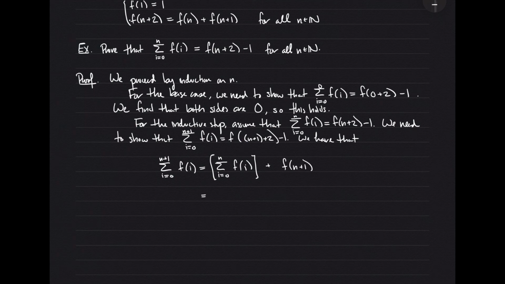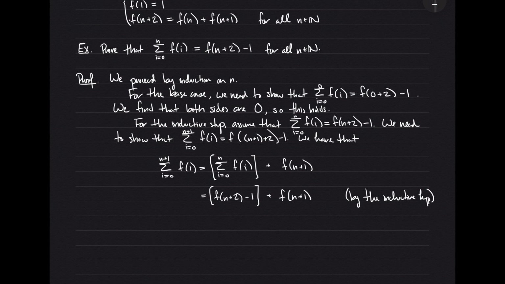Now we know by our inductive hypothesis what this first guy is. This first guy is f of n plus 2 minus 1. And we can just write the rest of it down. So this is by the inductive hypothesis.